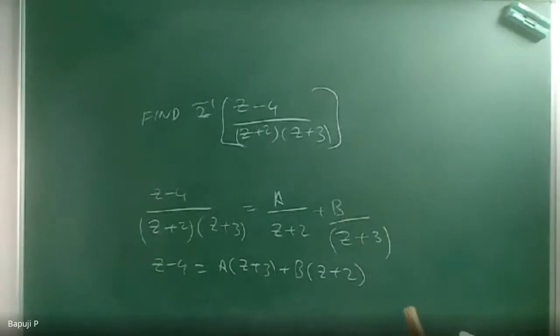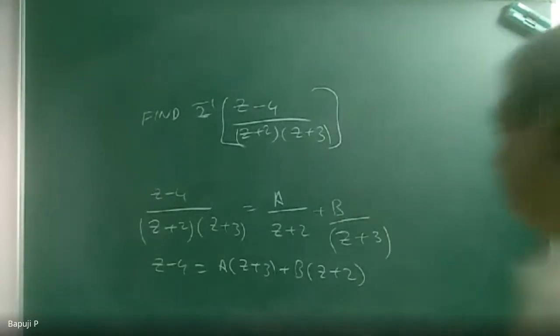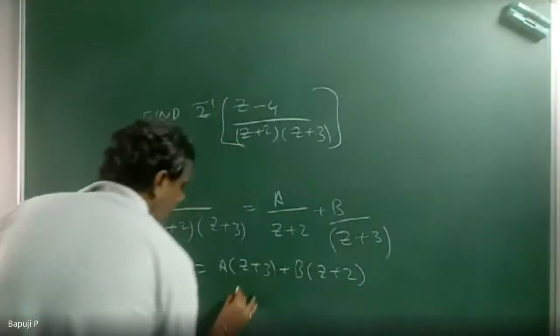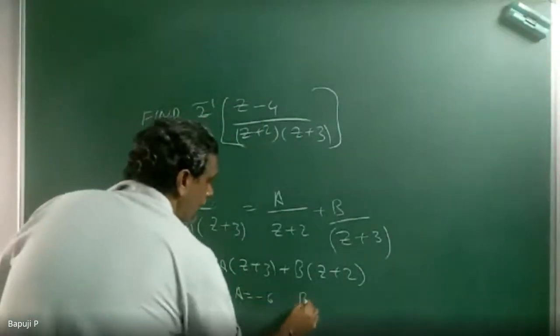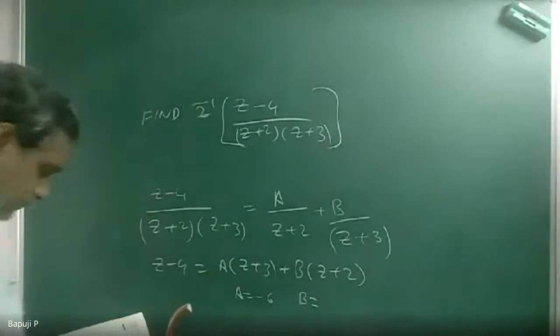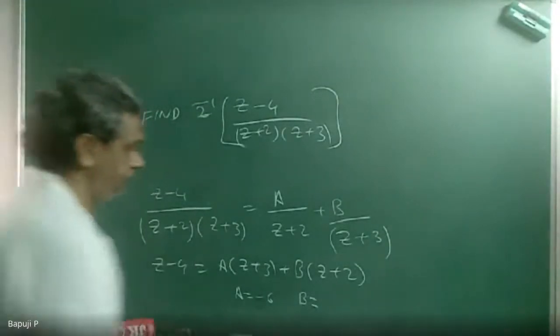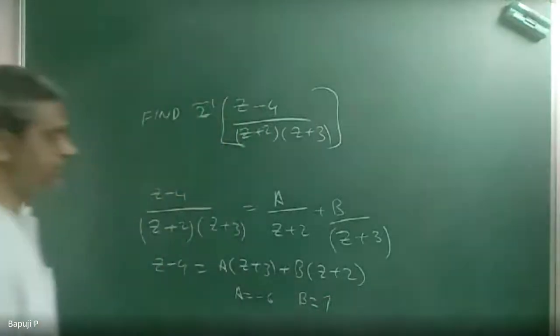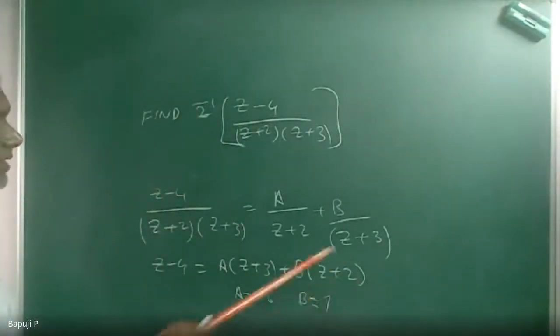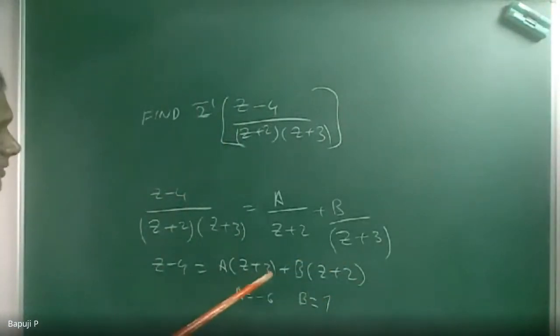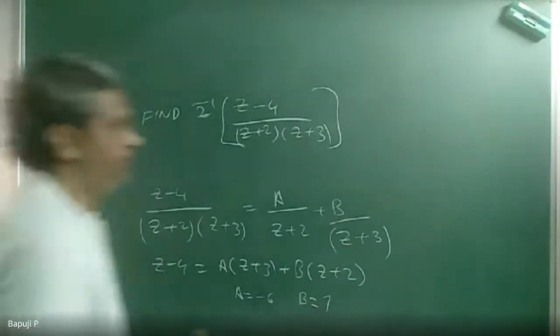So I got A is equal to minus 6, B is equal to 7. On that procedure, put Z equal to minus 2 and this vanishes, A stands. Put Z equal to minus 3 and B stands. This you will get. So totally how can I write?